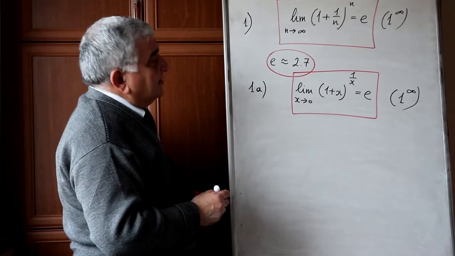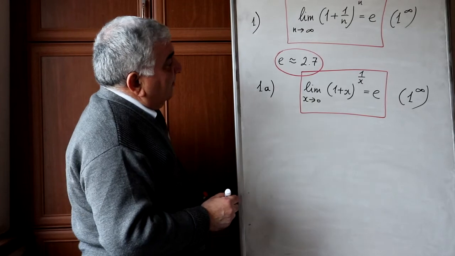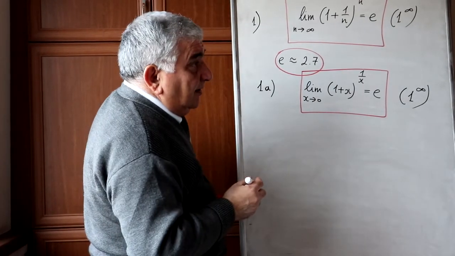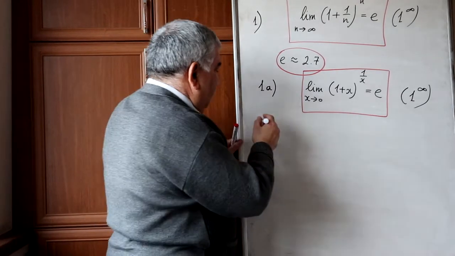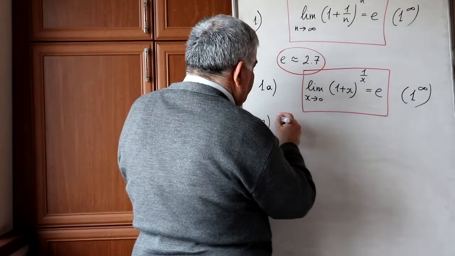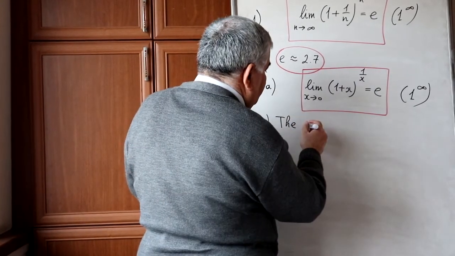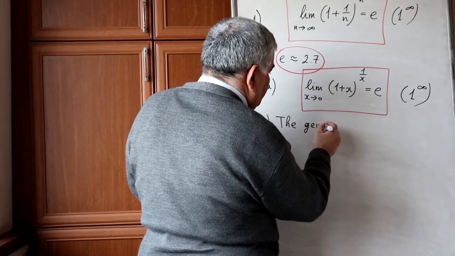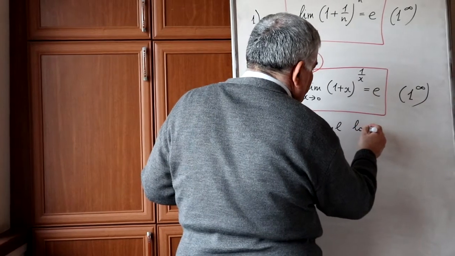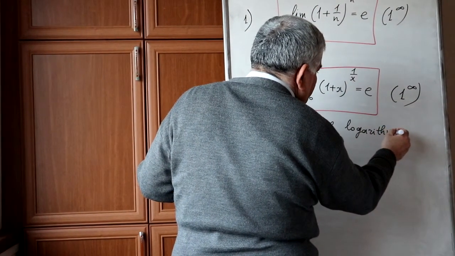Then write the results of the second remarkable limit. First, write the general logarithmic result.